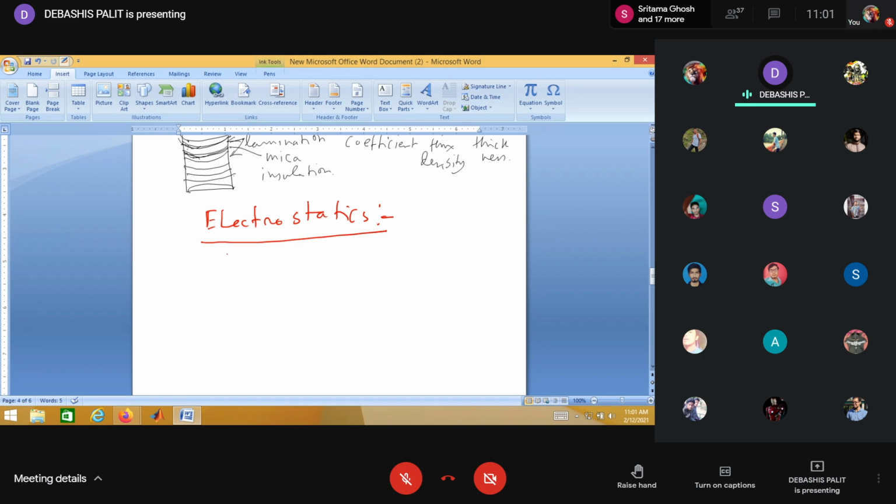Another application is lightning arresters. Lightning arresters are used on very high rising buildings. Whenever a charged cloud passes, say a positively charged cloud, the arrester has a very sharp portion.